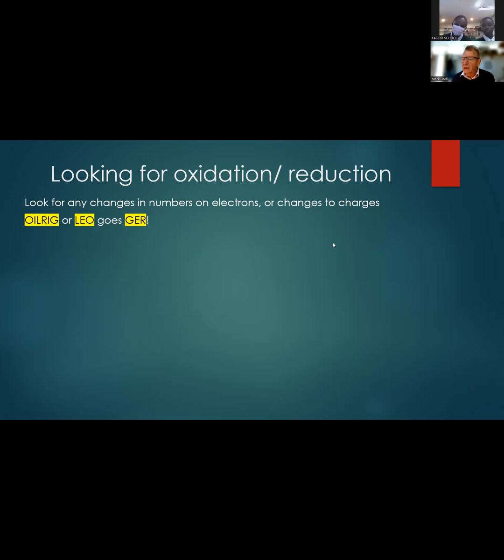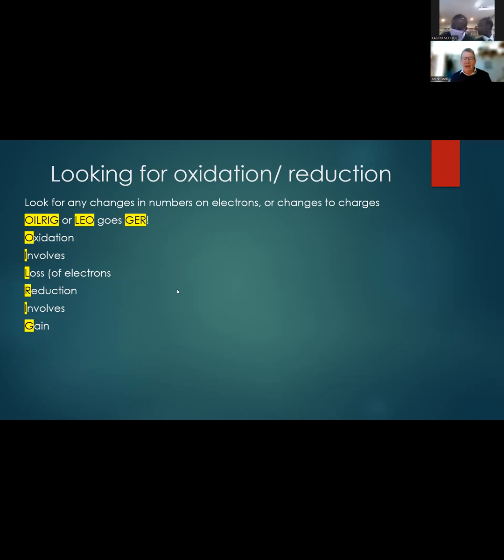Oil rig, like a rig for drilling for oil, or Leo, like the lion, goes grr. Okay, so oil rig, oxidation involves loss of electrons. Reduction involves gain. So oil rig, oxidation involves loss, reduction involves gain of electrons.